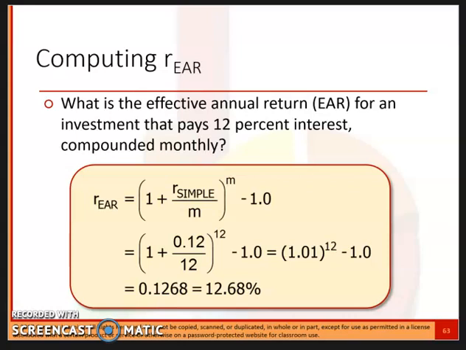The example here is another calculation of EAR, effective annual rate, for an investment that pays 12% compounded monthly. So that's the APR again. So 1 plus 0.12 divided by 12, to the 12th power, minus 1.